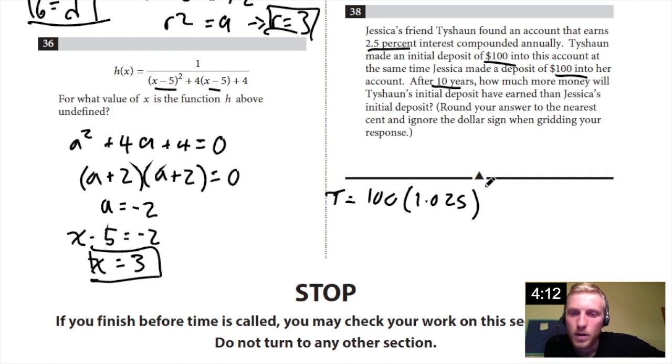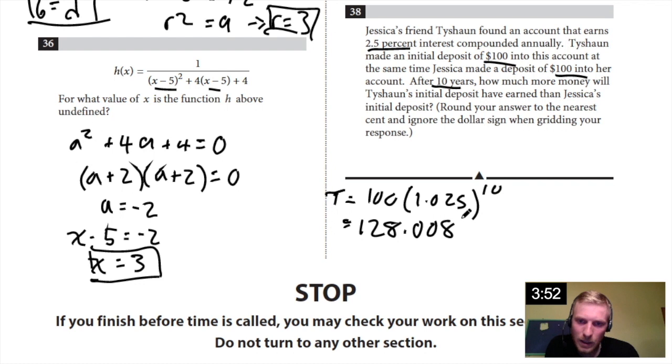Let me see, 1.025 raised to the 10th, times 100, equals 128.008.